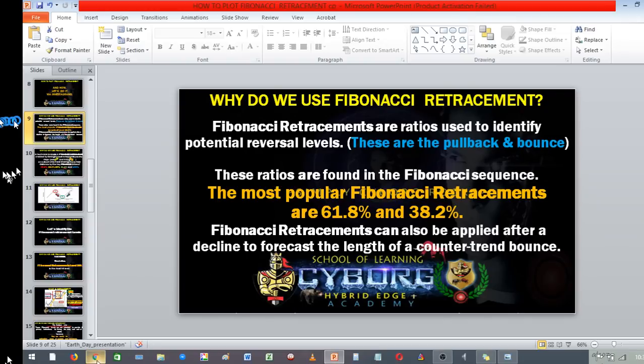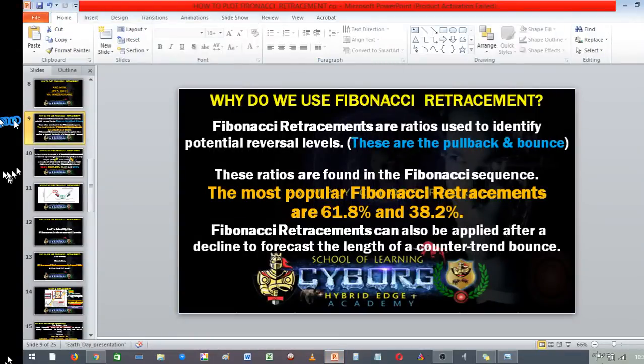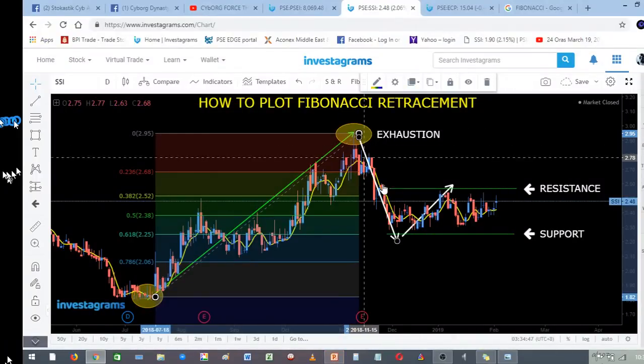If we're going to review again this stuff, it says here that the Fibonacci retracement can also be applied after a decline. After a decline, so this is your decline.